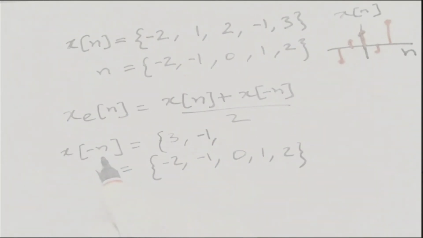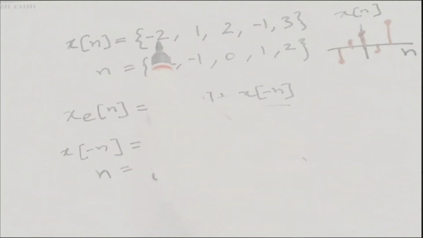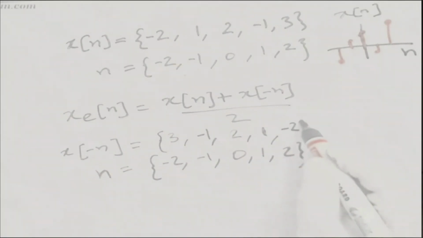And if you substitute n equal to 0, x of 0 is 2. Now if you substitute n equal to plus 1, you get x of minus 1, which is 1. If you substitute n equal to plus 2, minus of plus 2 is minus 2, and x of minus 2 is minus 2. So in fact, what you did is reverse it about the time axis to obtain x of minus n. This is what we had been doing in our previous slides.